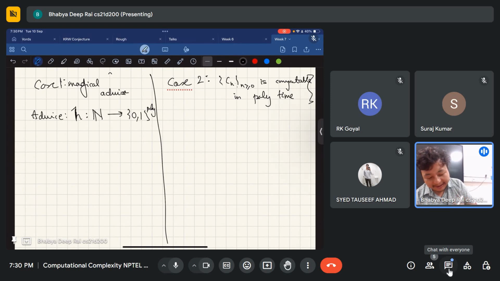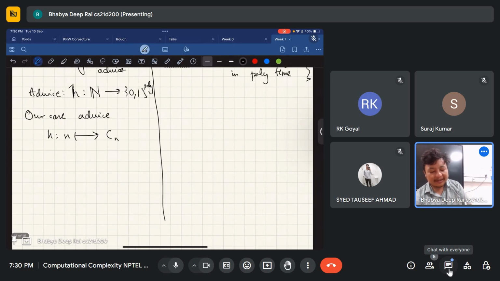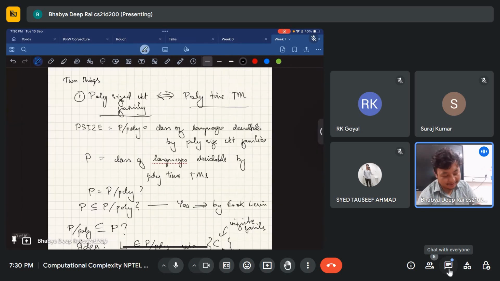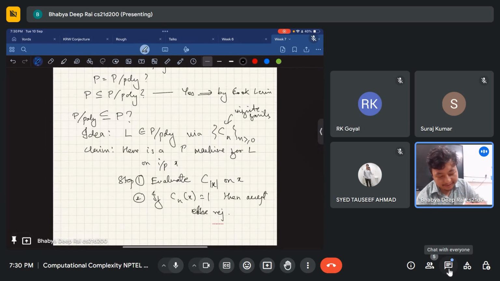For our case, advice h takes in the length n and gives us C of n. If such an advice is given to us, then we can do that. Then again we do this part.